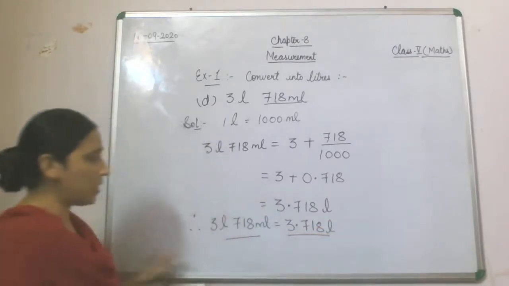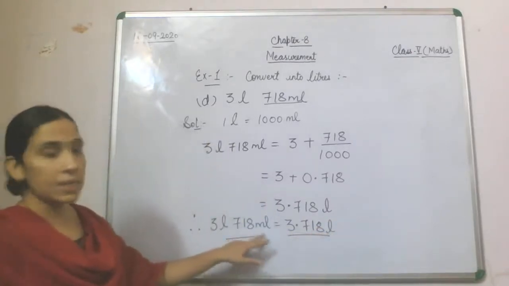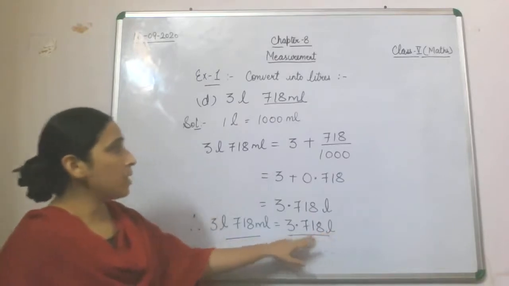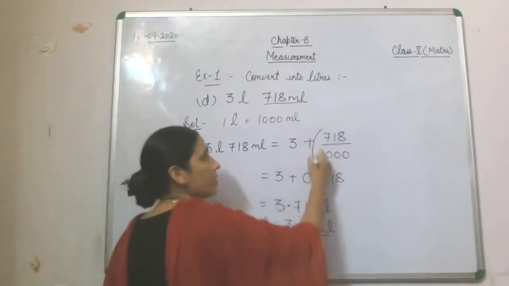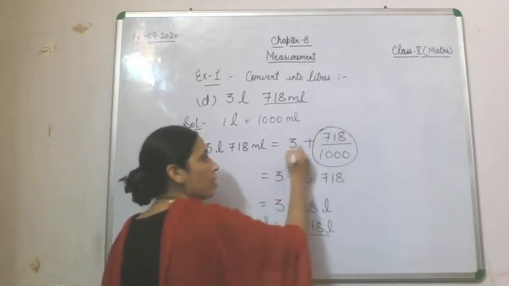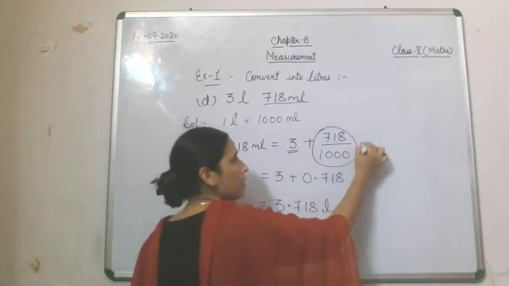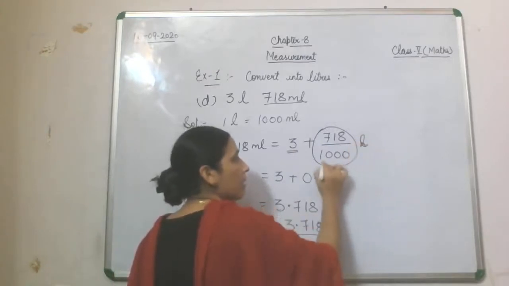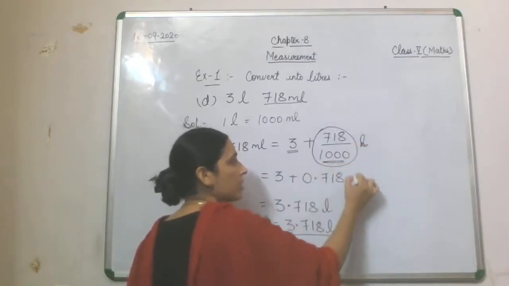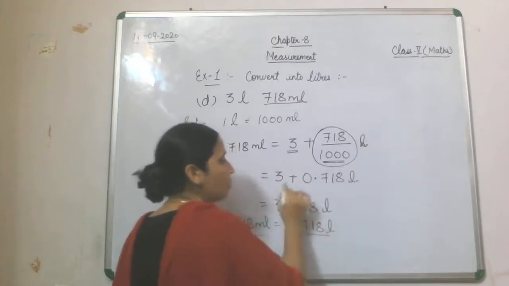In this question we have converted milliliter into liter, but only this part we will convert. We will not touch this part. We will convert only the milliliter part by dividing it by 1000, changing it into liter. Then we will do the addition.